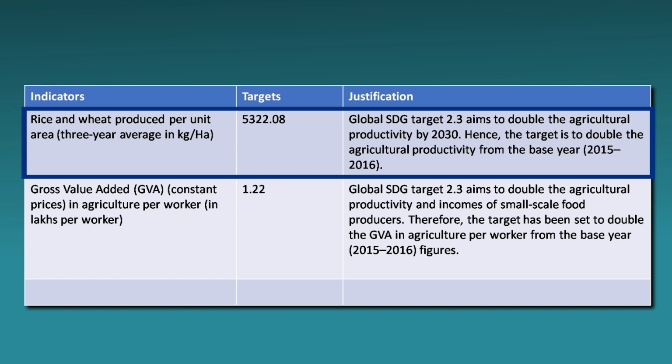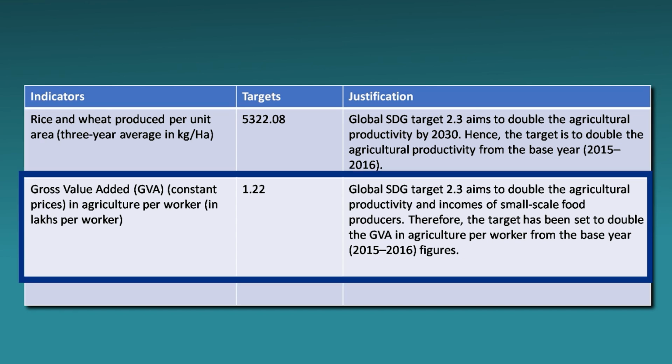In the same way, gross value added at constant prices in agriculture per worker is 1.22 lakh per worker. This gross value added is also under base year 2015-16. This is related to global SDG target 2.3, which aims to double the agricultural productivity and incomes of small-scale food producers.